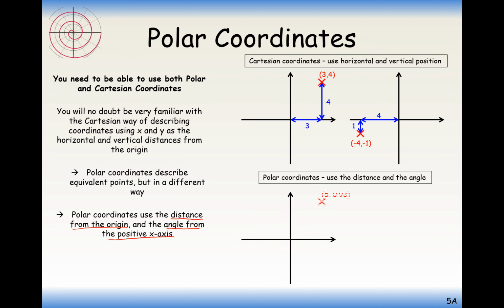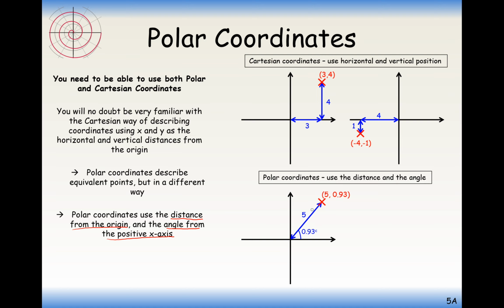So for example, if we had the coordinate up here, it would have a distance from the origin of 5, so you've got that piece of information, and then the angle of rotation round is 0.93 radians. We're generally going to be using radians here. Sometimes degrees will pop in, but generally radians is the better form to use here.